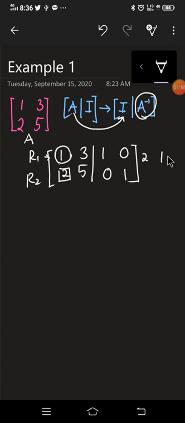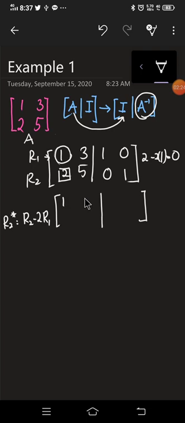So 2 minus 2 is equal to 0. How to get 2 from 1? We just multiply by 2. So the new row 2 is R2 minus 2 of R1, applied to all values on R2.